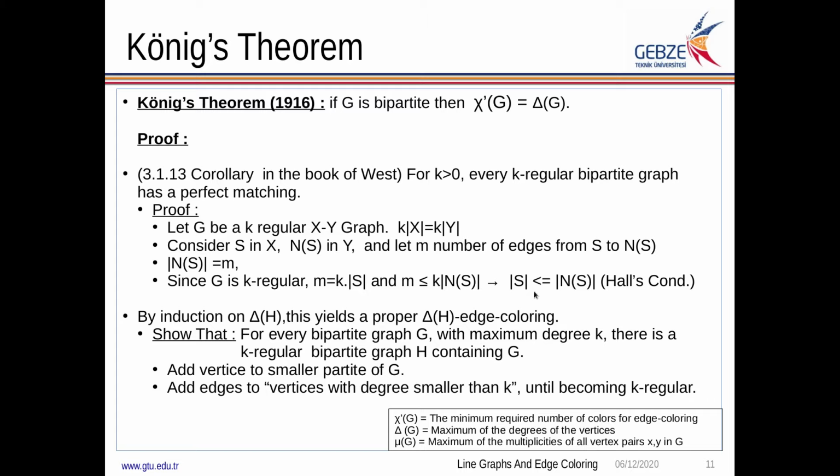So the size of S is smaller or equal to the size of N(S), and this corresponds to Hall's condition. So this proves this corollary, which was in the book of West, 3.1.13.